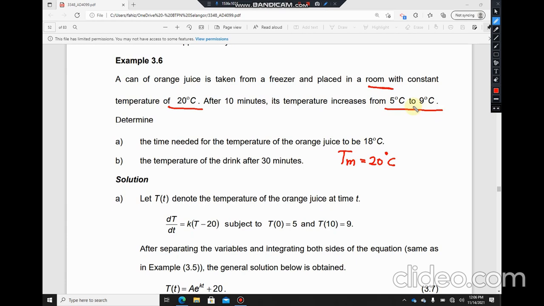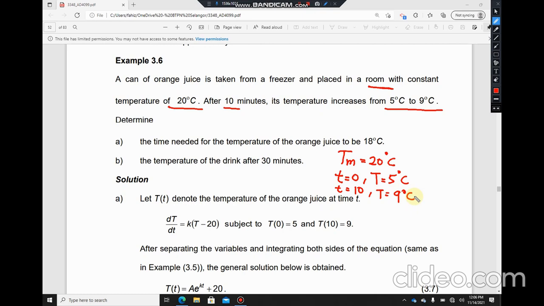Okay, dekat sini dia tak inform, dia tak sebut pun initial ataupun apa kan. Cuma dia kata after 10 minutes. So it means that kalau initial, t equals to 0, temperature is 5. And then after 10 minutes, t equals 10, your temperature is 9 degrees Celsius.